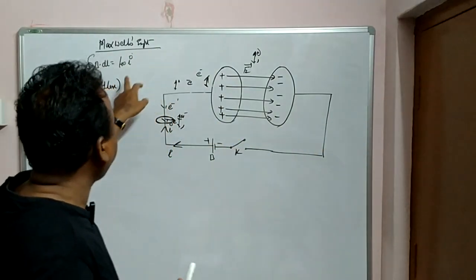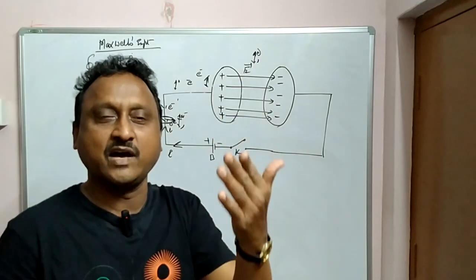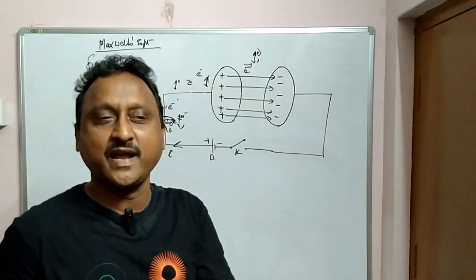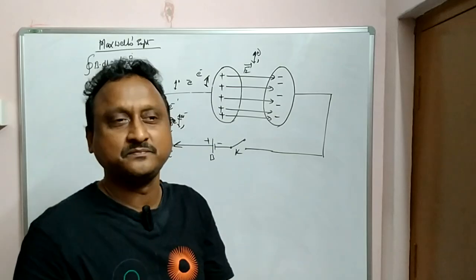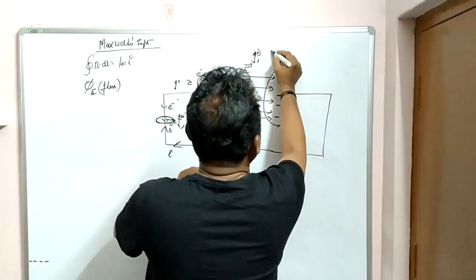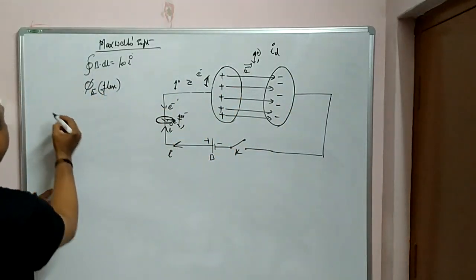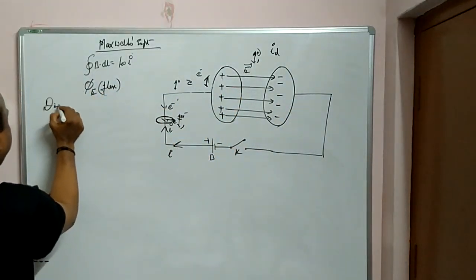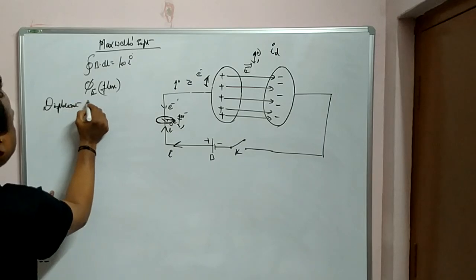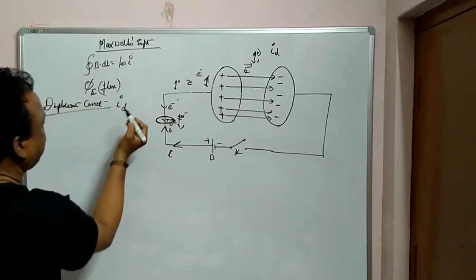Whenever there is a change in electrical flux, there arises a magnetic field, just like our Faraday's law: change in magnetic flux induces EMF. So what he said is, here displacement current was found, and he named a new term called displacement current, and he indicated it with the letter I suffix D.